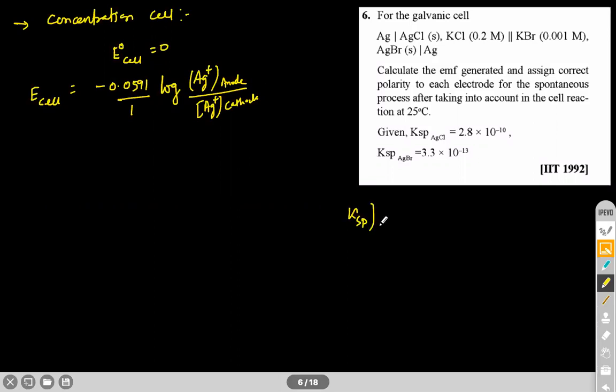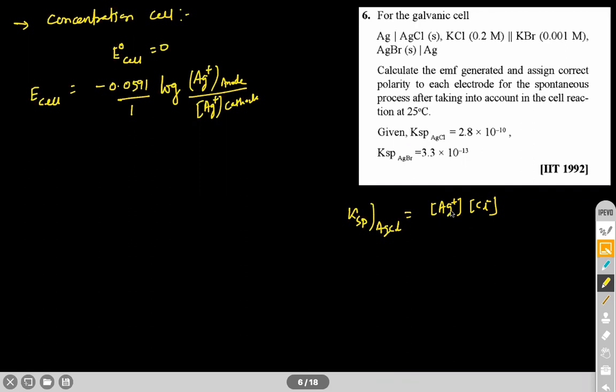Ksp of AgCl is equal to the concentration of Ag plus and Cl minus.